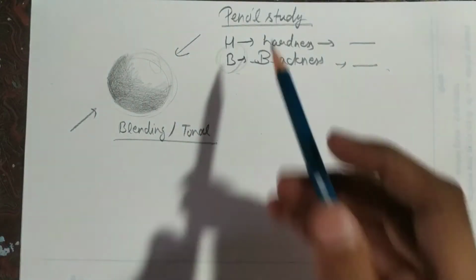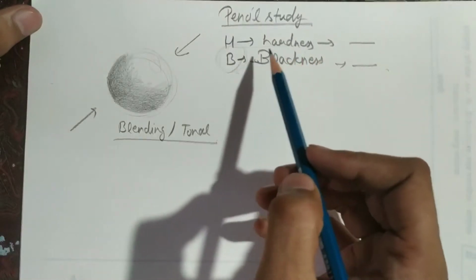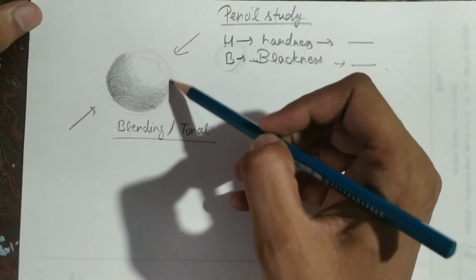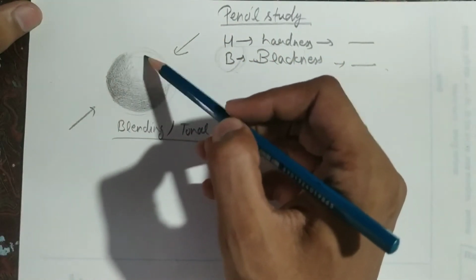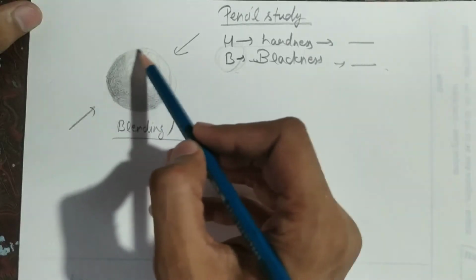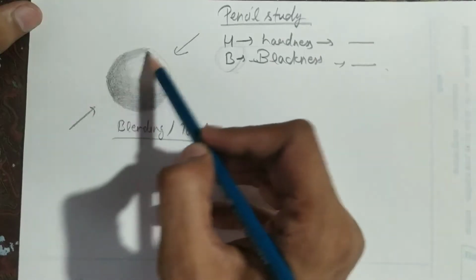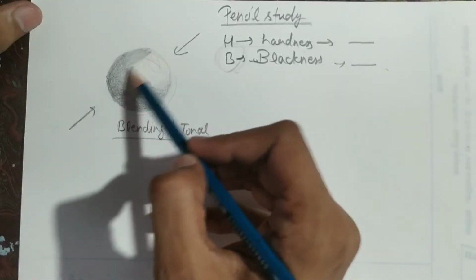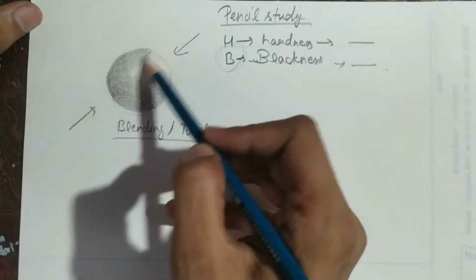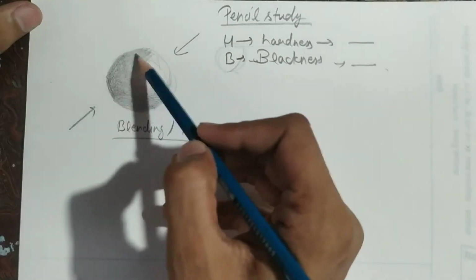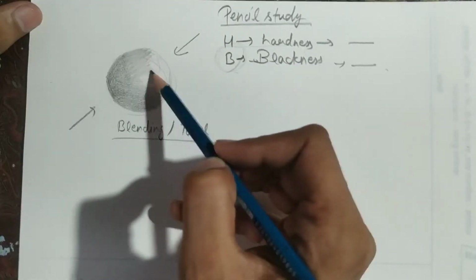You can take hardness like H series pencil or HB. We can take HB or 2H. So here also you have to give the shades. And remember, in blending, what is important? The important thing is the shades should blend, like the dark shades and the light shades should blend very neatly. There should be no separation of shades.